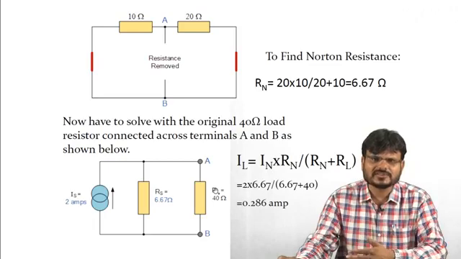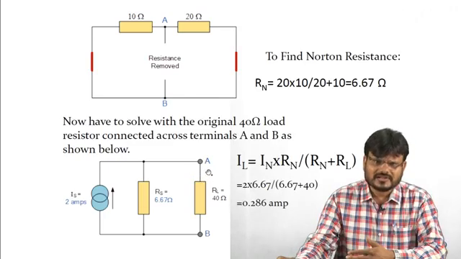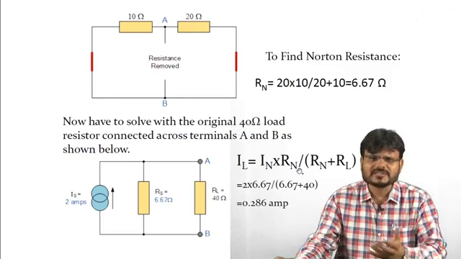The current division rule states that the current flowing through terminal AB is equal to the total current, that is the Norton current, multiplied by the resistance of the opposite branch. The opposite branch of AB is the Norton resistance, so Rn upon the summation of the two resistances, Rn plus RL.